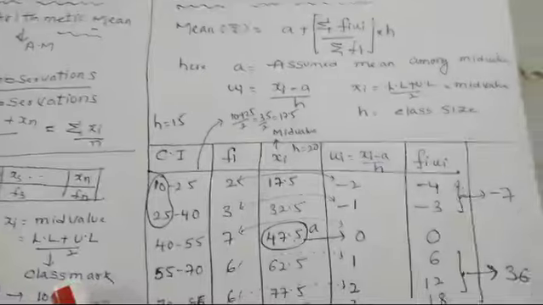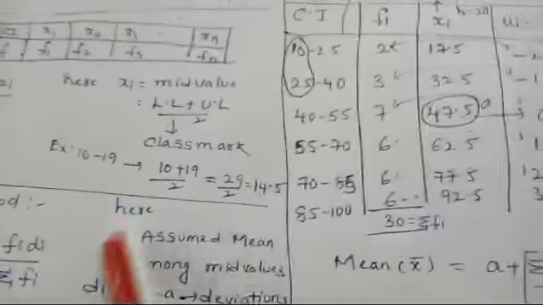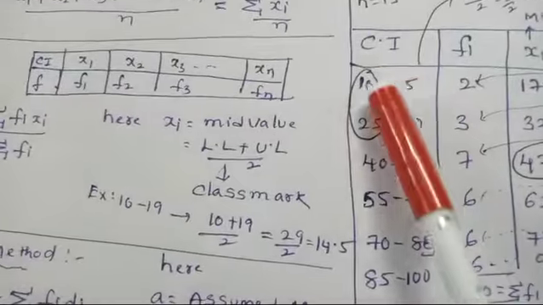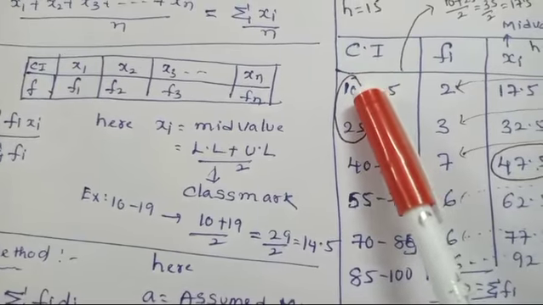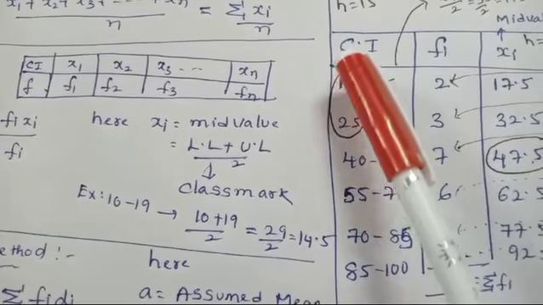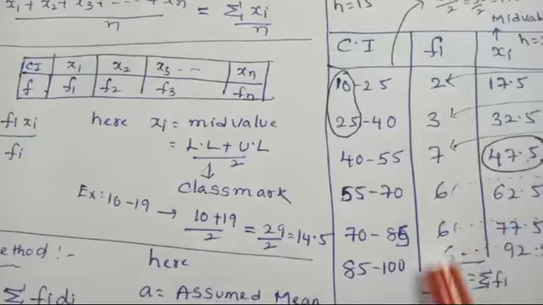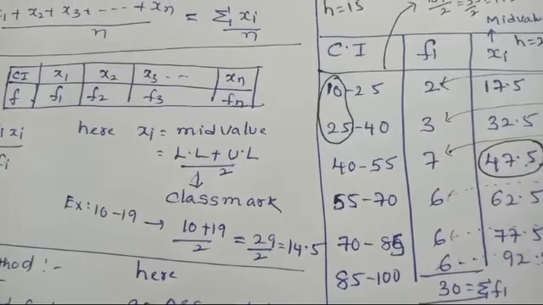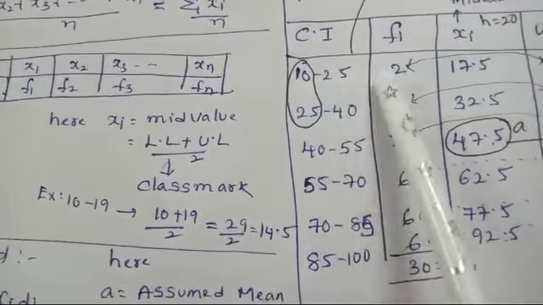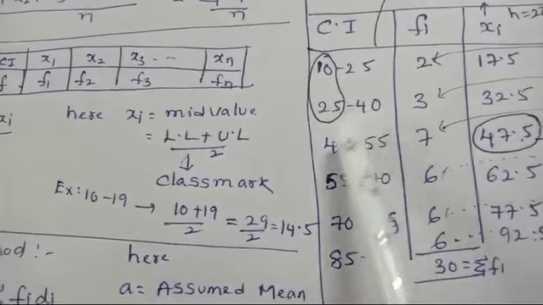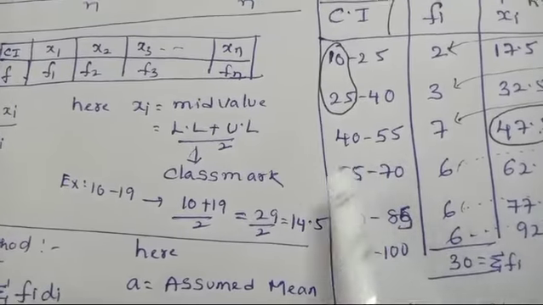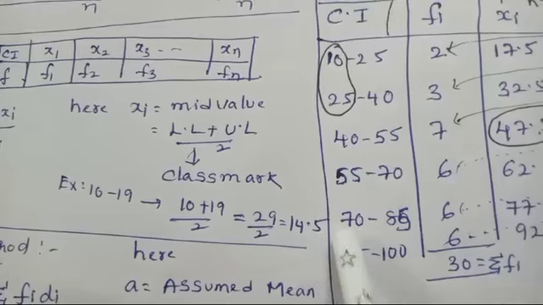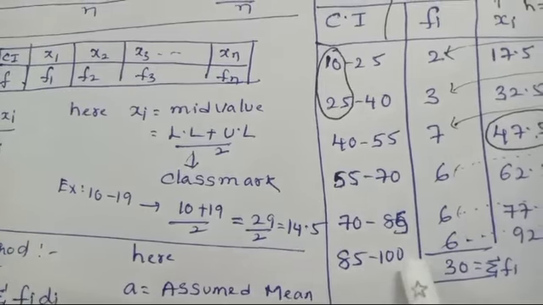Next, let us go for a problem on these formulas. Here the class intervals are given, and in any problem the corresponding frequencies are also given. The class intervals are 10 to 25, 25 to 40, 40 to 55, 55 to 70, 70 to 85, 85 to 100.